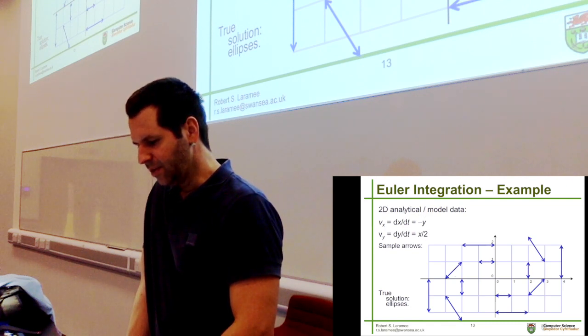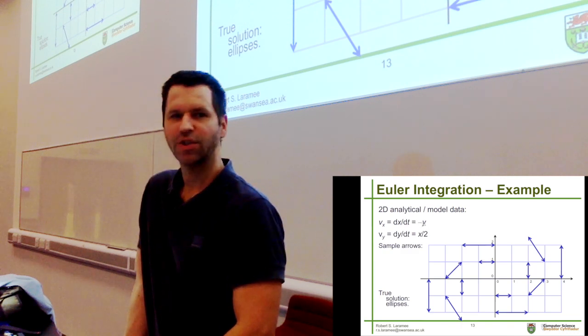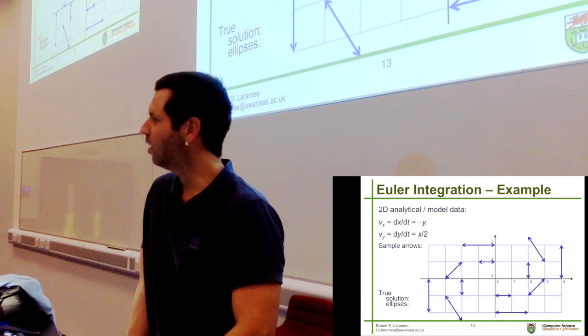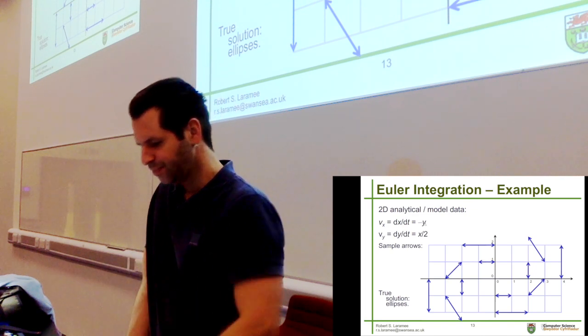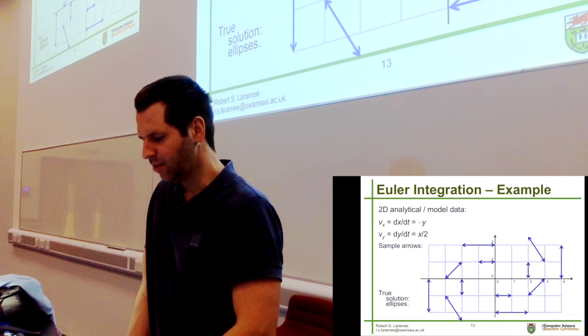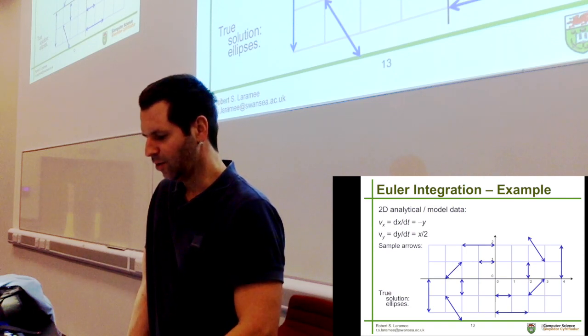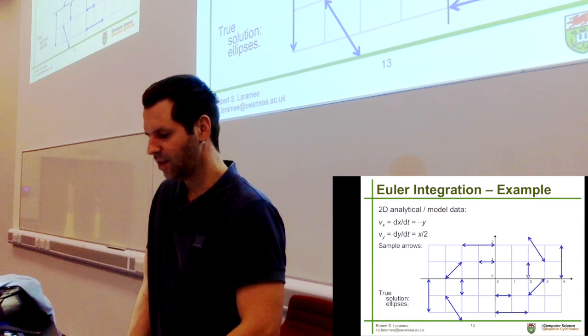So to find out the x component of any velocity vector in this example, we just look at the y position, the y coordinate, and multiply it by -1. So for example, if we take this point here, which is 2 units over and 0 units up and down, the x component of this vector is y, the y coordinate, which at this point is 0. 0 multiplied by -1 is 0.